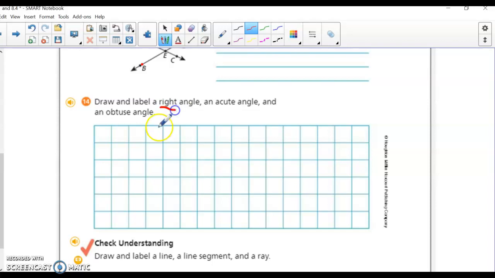Get as close as you can. I know it's not going to be exactly 90 degrees, but you could get pretty close with this grid. So draw your right angle, then draw an acute angle, so one that's smaller than it, and then draw your obtuse angle, one that's bigger than the other two. Okay? Go ahead, pause the video here, and try and complete this page, and we'll go through and we will correct it. All right, go ahead and pause it now.